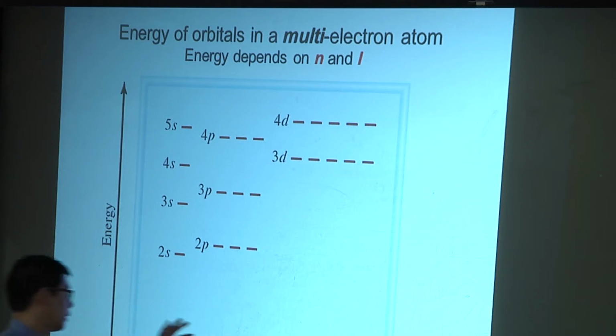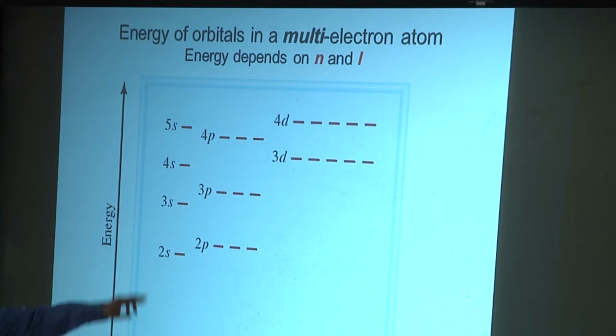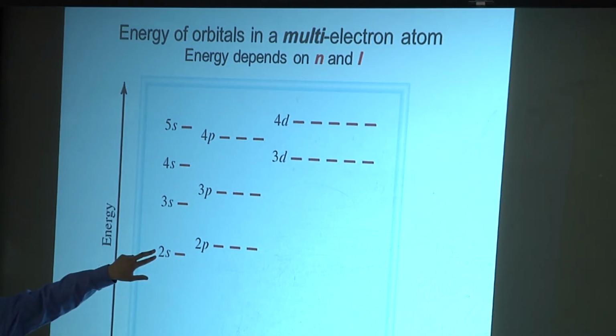So, the slide has some review before that, right? If we take a step back and try to remember, a 1s, n equals 1, that corresponds to the 1, and l equals 0. l equals 0 corresponds to the s. So what's n and l for 2s? n is 2, l is still 0.